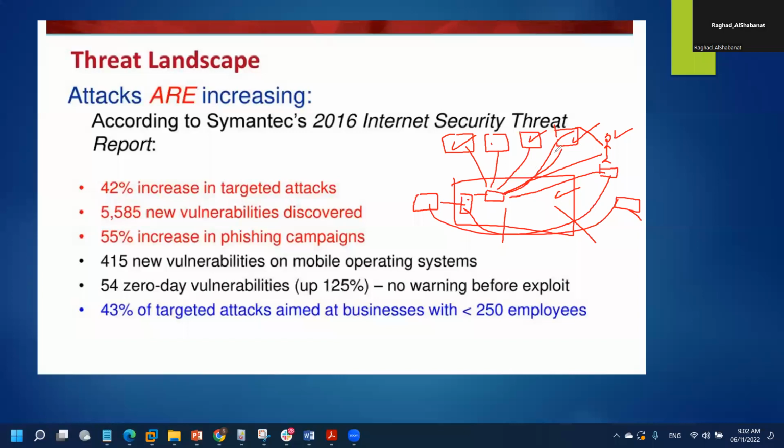Once the update started to run in these machines, they set up a command and control center, and all these companies and government institutions at the same time were reporting to him.